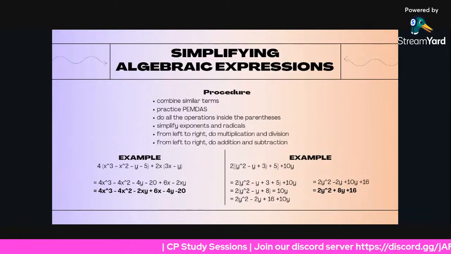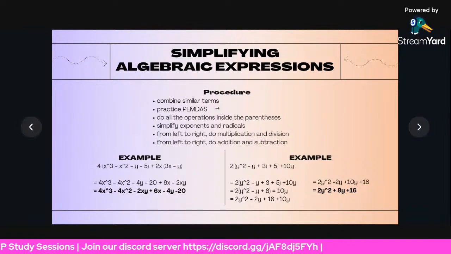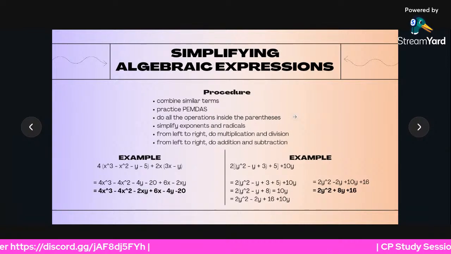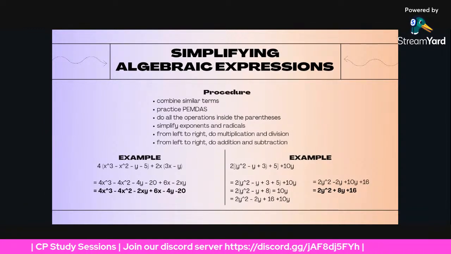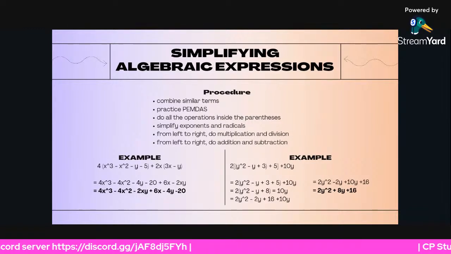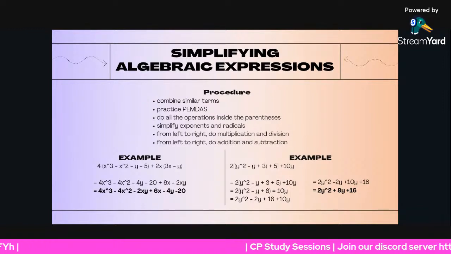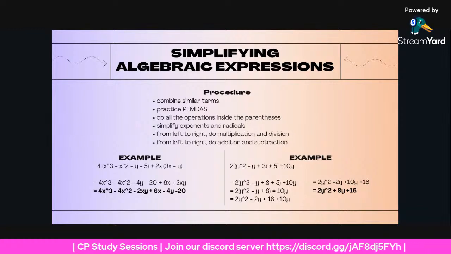So, i-elaborate lang natin yung second na step, which is practice PEMDAS. So, next nun, do all the operations inside the parentheses. As I said kanina, hindi ka pwedeng mag-proceed sa multiplication and division if hindi mo pa nagagawa yung operations within a parenthesis. The next is simplify exponents and radicals.